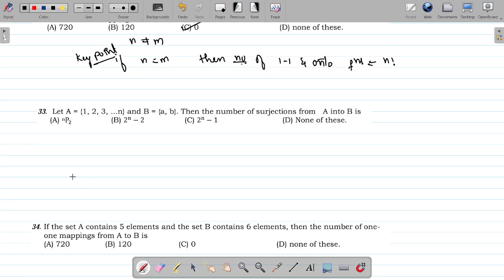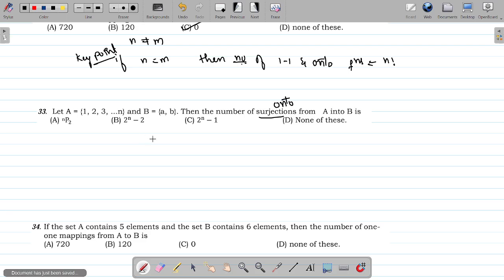Next question, let A equal to the set containing 1, 2, 3, and so on up to n, and B is the set containing only 2 elements a, b. Then the number of surjections from A into B. Surjections means onto functions. You have to find the number of onto functions. So, total number of functions.